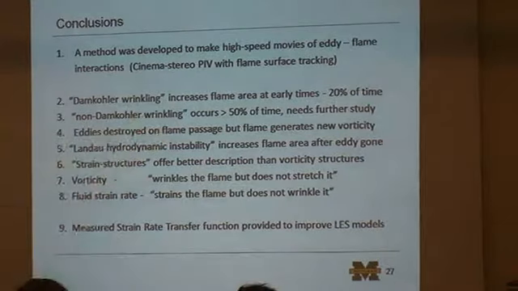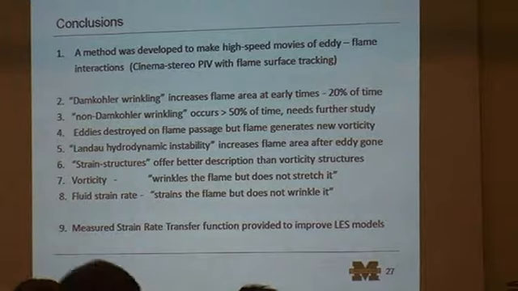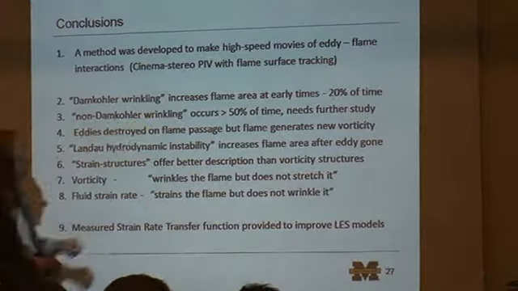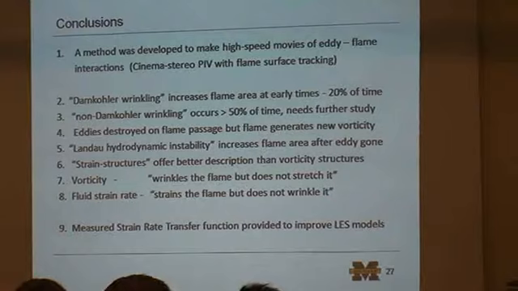It causes a local increase in the flame area in the region we're looking at. From what time do I begin to...? Well, from the beginning of when we see the interaction. So, yeah, we should really change this too. It increases the flame area during one interaction in one small box. If I change the time of observation, is it the same conclusion or not?